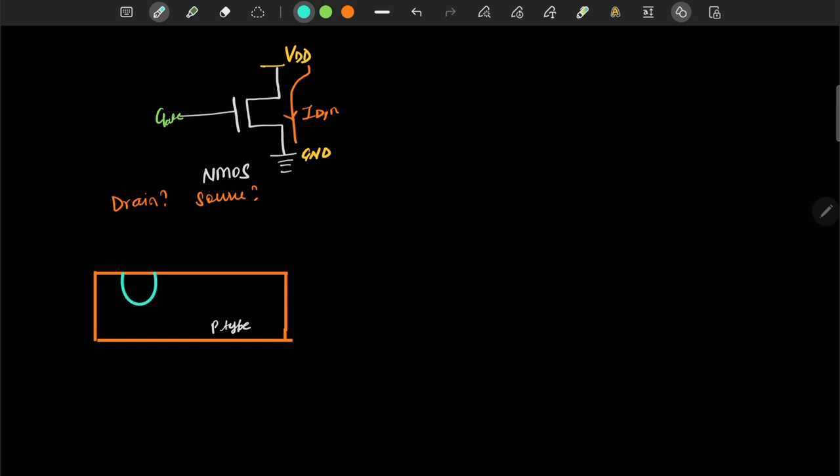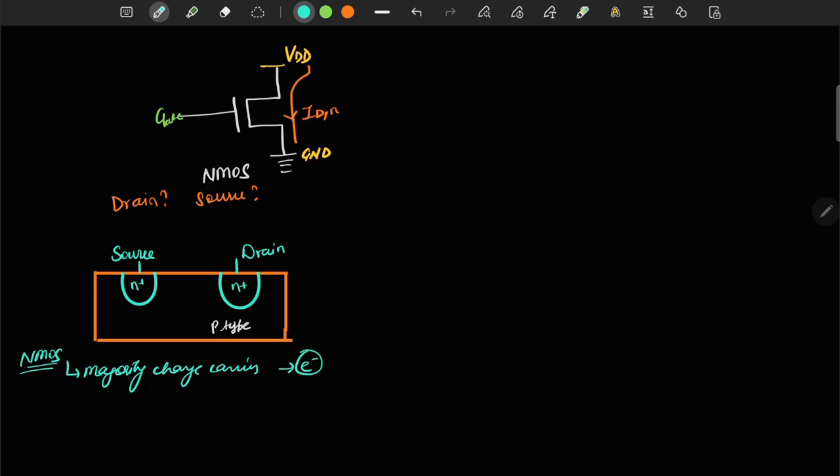Two n-plus regions are there, here n plus, here also n plus. So this is basically my NMOS. One is the source, suppose this is my source, and one is the drain, this is my drain. In NMOS, the majority charge carrier is the electron. Why do we term it source?